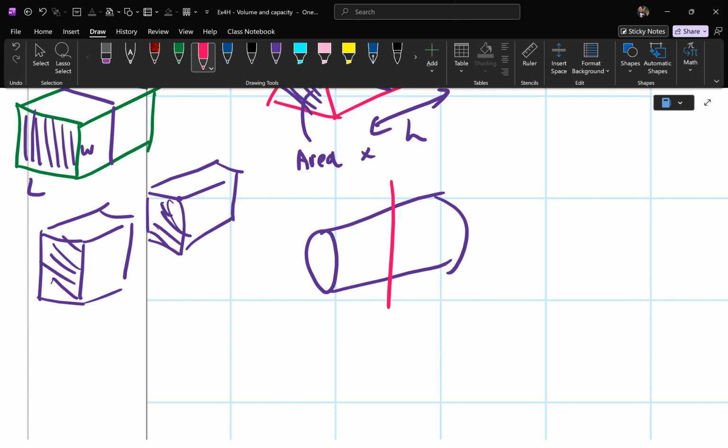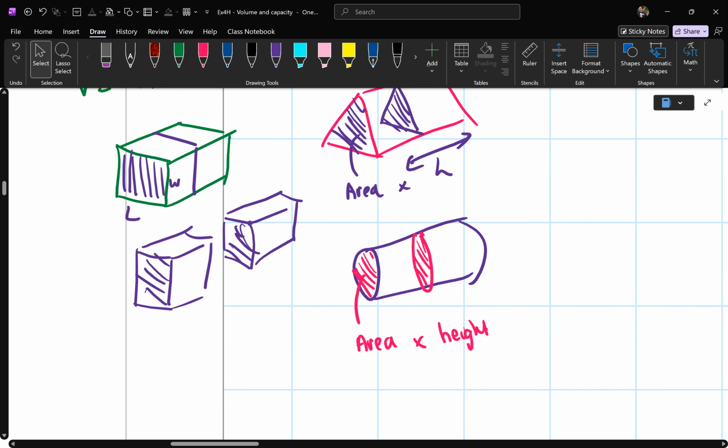If I cut down this way, the face here is a circle, and if I separated this, this is still a circle when you split it out. The same area. So we just need to know the area of this 2D area, and then times it by the third dimension to make it 3D. That's why it's area times height. But out of these shapes that I drew, they all have something in common, right?